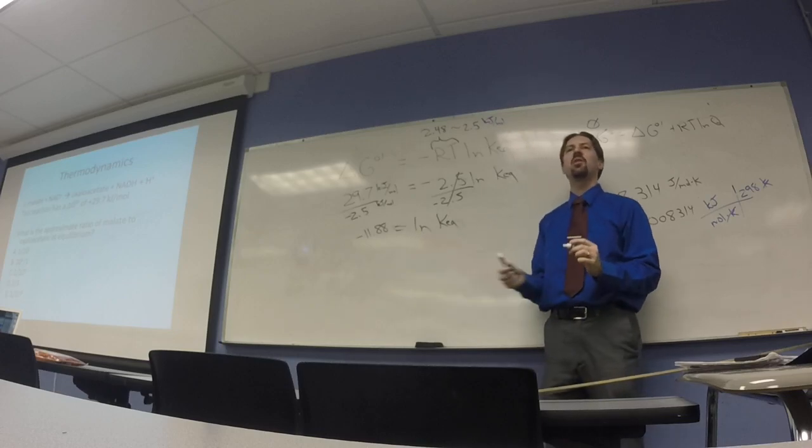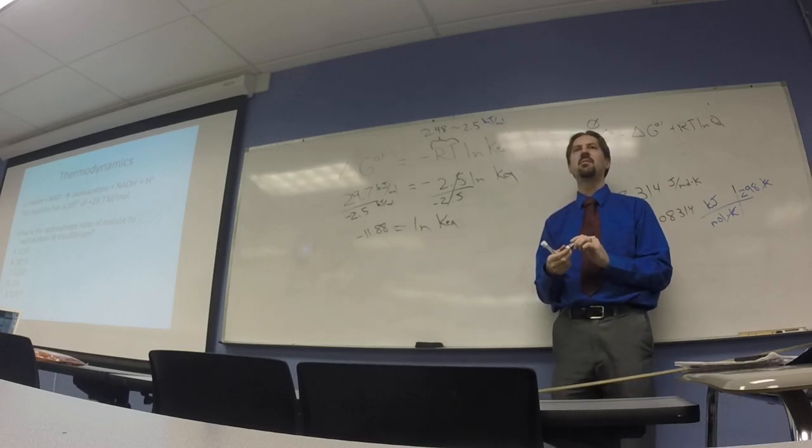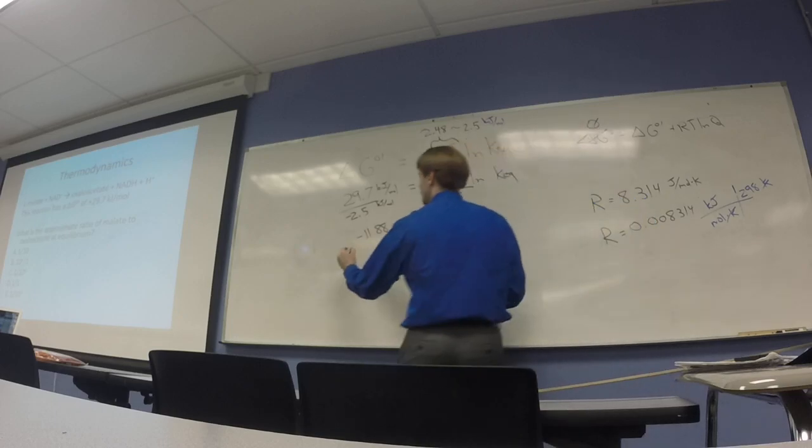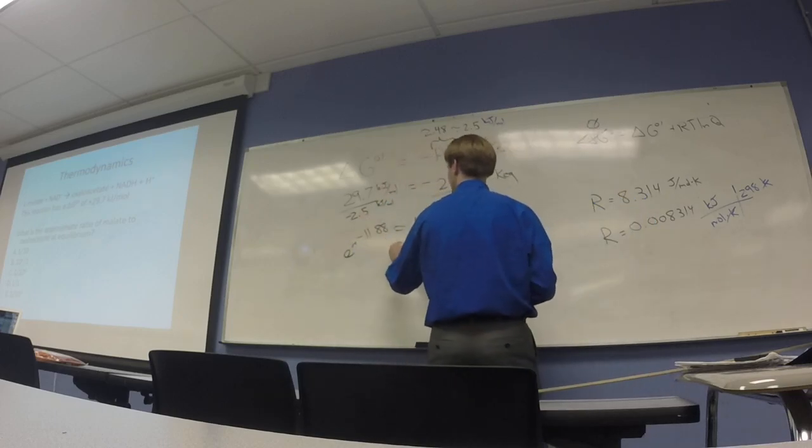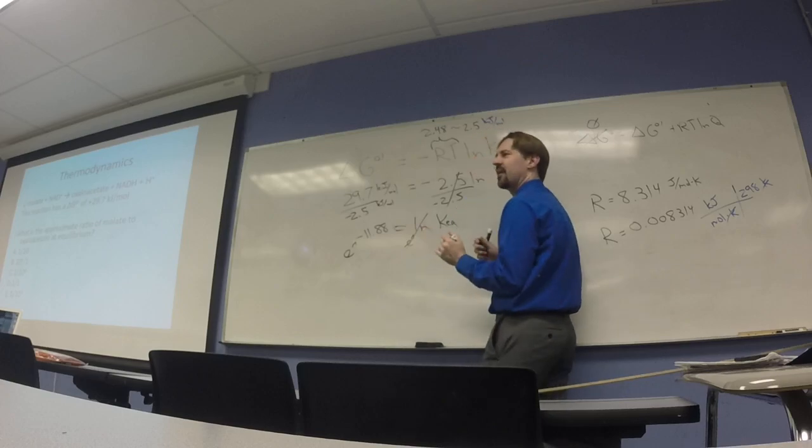We've talked about how to get rid of logs a lot. How do you get rid of a ln? E to the that, E to the that. That cancels out.